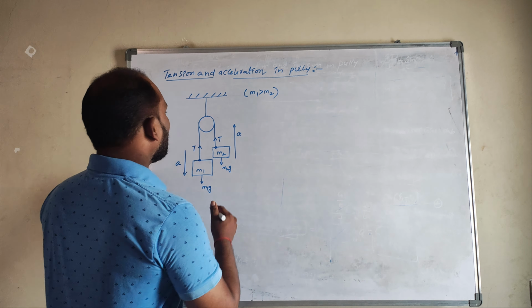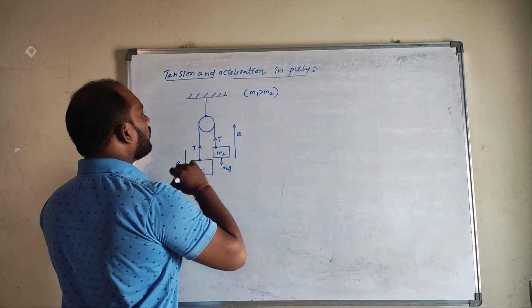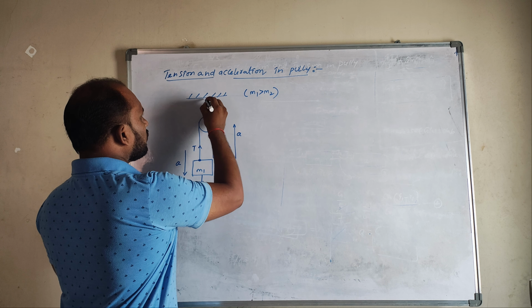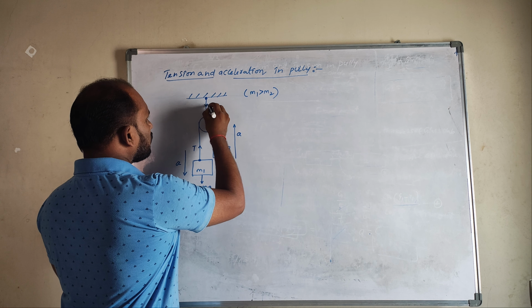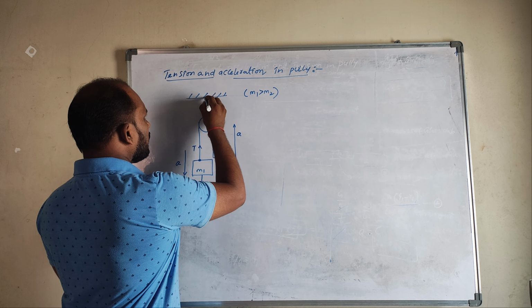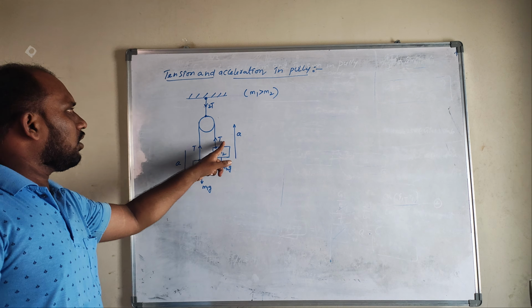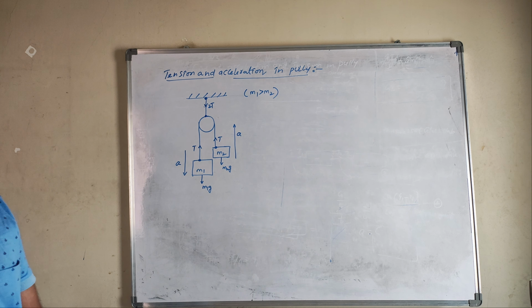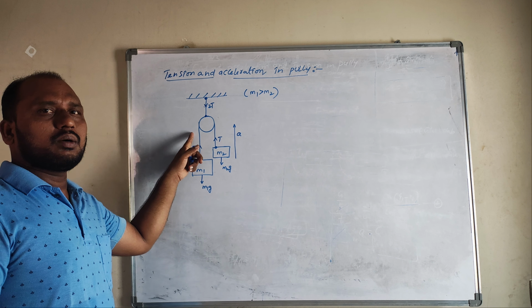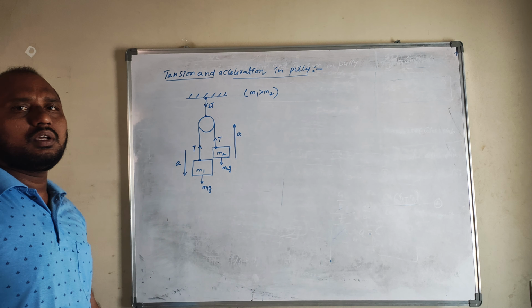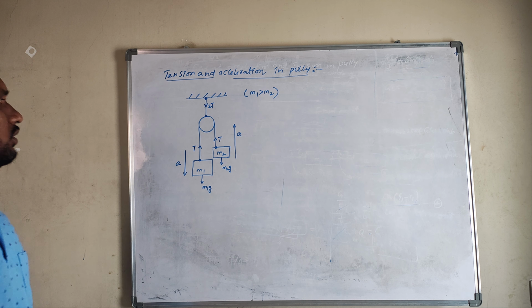The pulley experiences 2T from here, and 2T force from here. T plus T is 2T, so the net force becomes 0. That is why the pulley is not in motion, it is at rest.